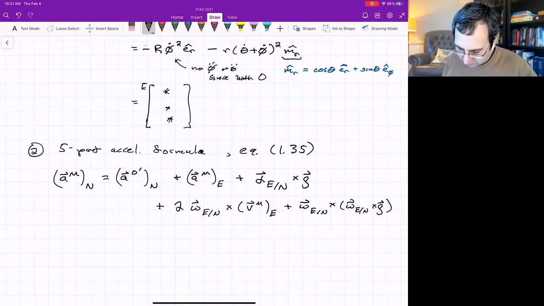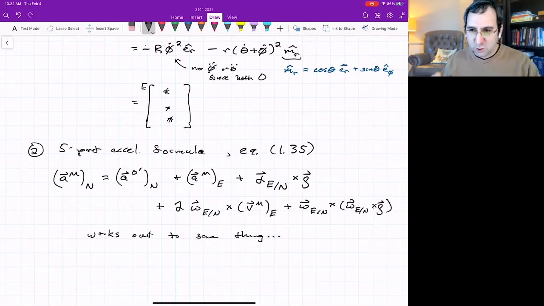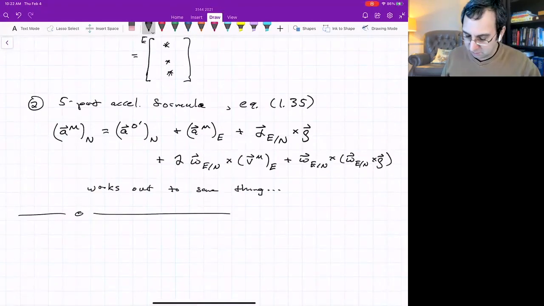Just calling that Coriolis doesn't help me. Calling this centrifugal doesn't help me. And it does work out to the same thing. Of course, you don't have to do more than one approach. You just pick one. But you should get the same answer. Maybe to convince yourself, you'll try it.